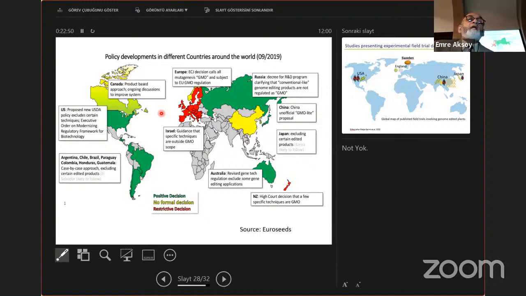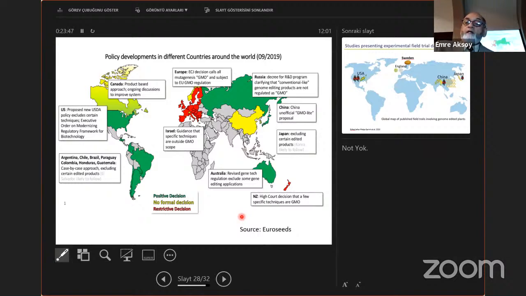In Europe, the decision is that mutagenesis cells are GMO and subject to EU GMO regulations. In Russia, we can see that gene-edited crops are regarded as conventional rather than GMO. In China, a policy is proposed. In Israel, it is outside the GMO scope. In Australia, the gene technology regulation has been revised. And in New Zealand, a High Court decision held that a few specific techniques are GMO.